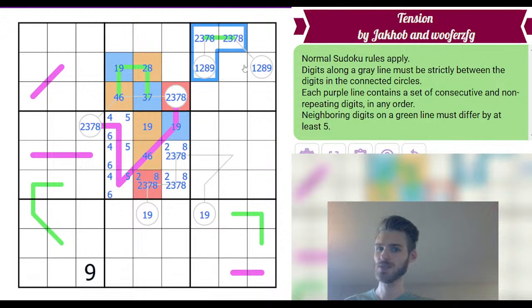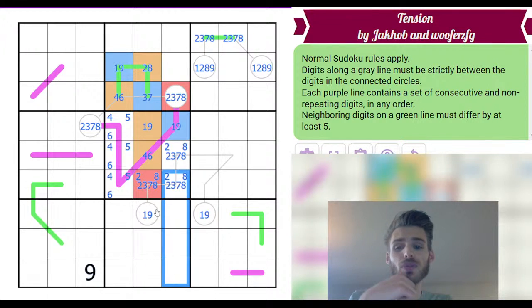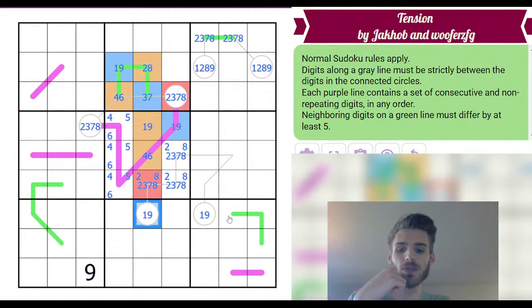There's always a 2. No, it's not true. It's a blue, or there's a, wait, this is blue now. So this is purple. Did I just say purple? What am I talking about?